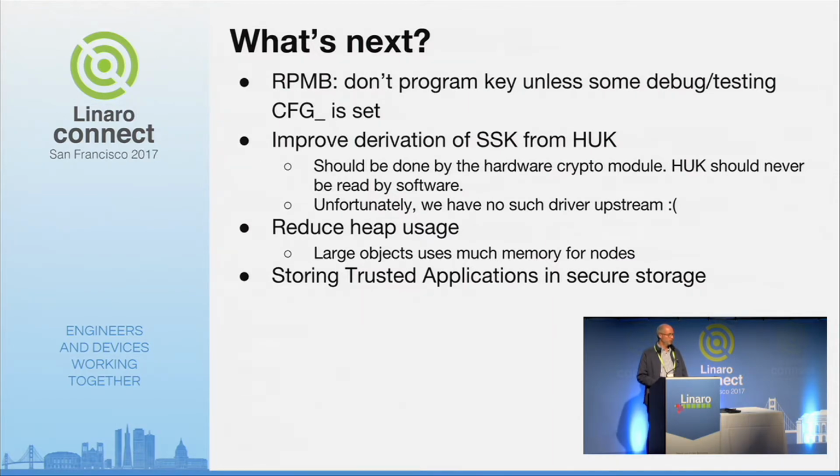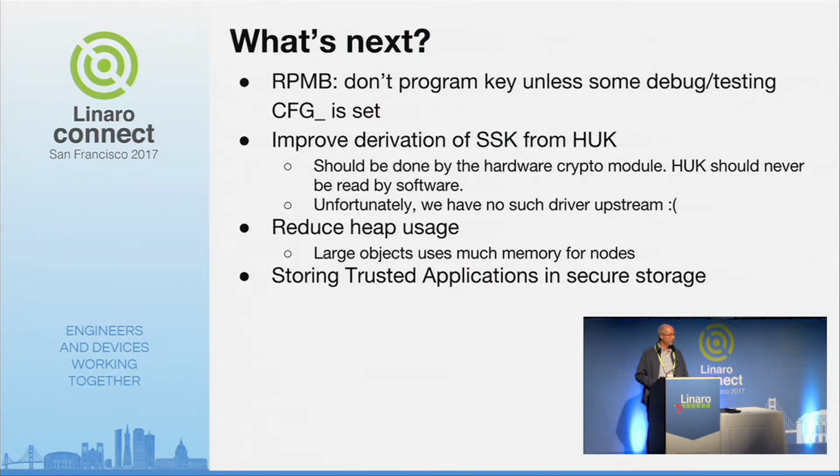And then we have these nodes. If the secure storage file is large, they will eat up quite a lot of memory, so we could handle them in a more efficient way. Maybe only read in and keep those in memory that we really need, since typically you update one block and then you need only the parent nodes in order to update the hashes.